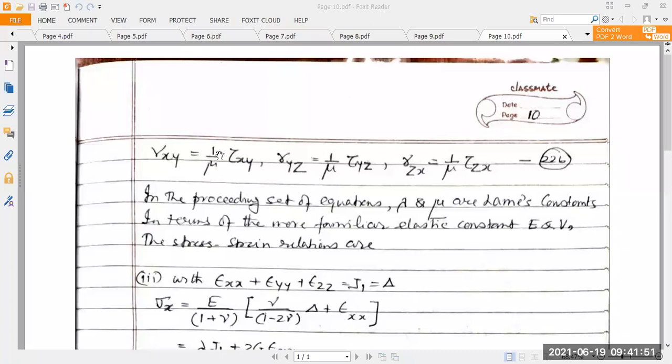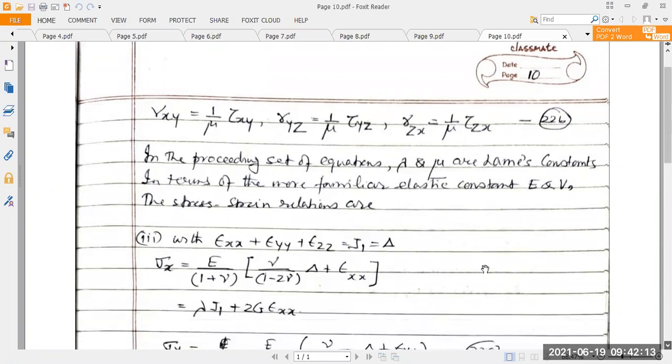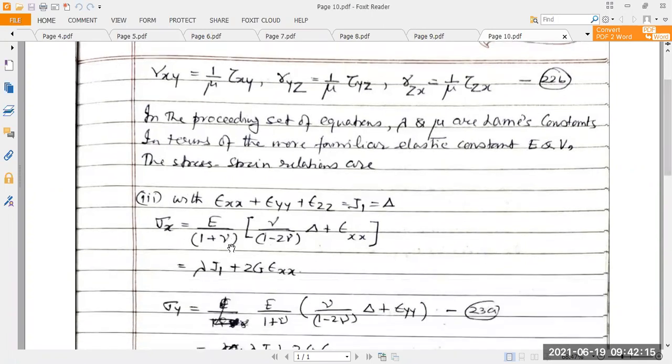And gamma xy is 1 by mu tau xy, gamma yz is 1 by mu tau yz, and gamma zx is the same. In the preceding set of equations, lambda and mu are Lamé's constants. In terms of the more familiar elastic constants E and gamma, the stress-strain relations become epsilon xx and so on.